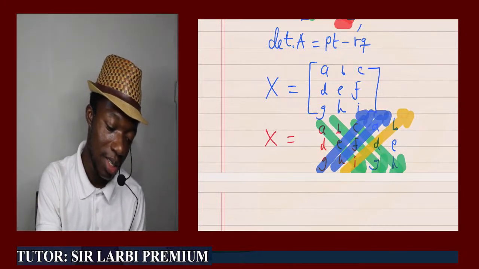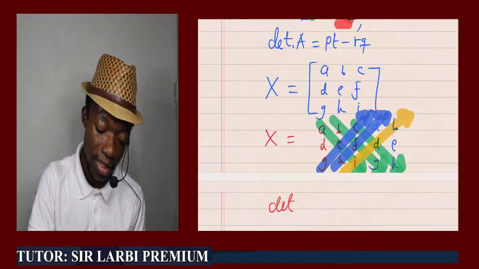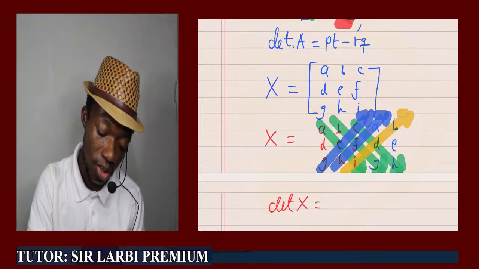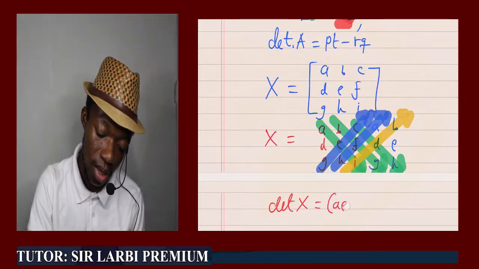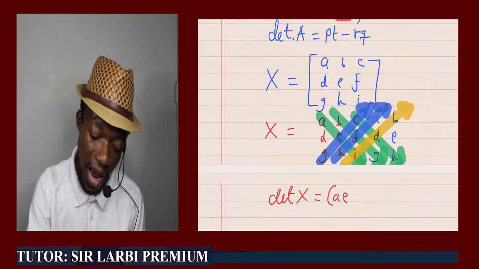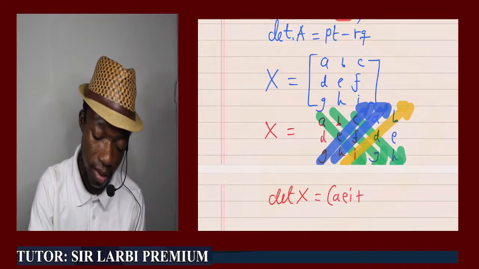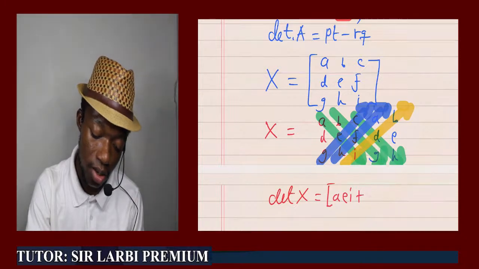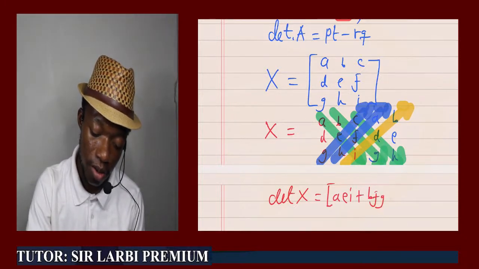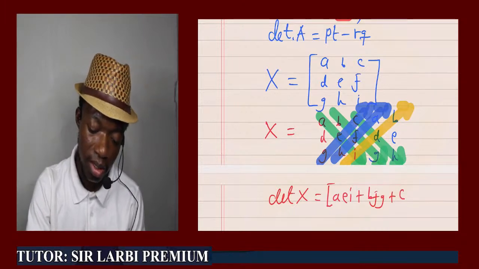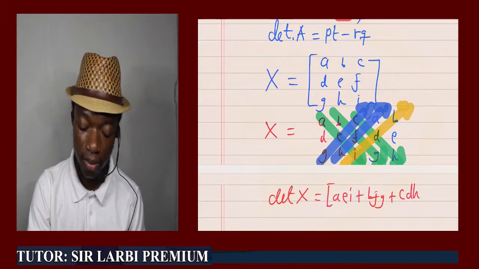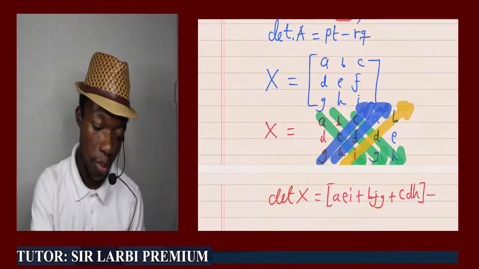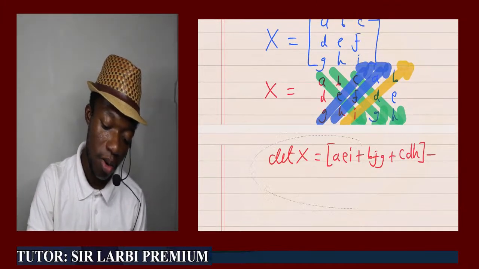So we say that our determinant should be equal to, and we start with the first one: A, E, I, follow carefully, plus the second one, which is B, F, and G, plus the third one, which is C, D, and H. So you find the product, then you compare with the upward diagonals.